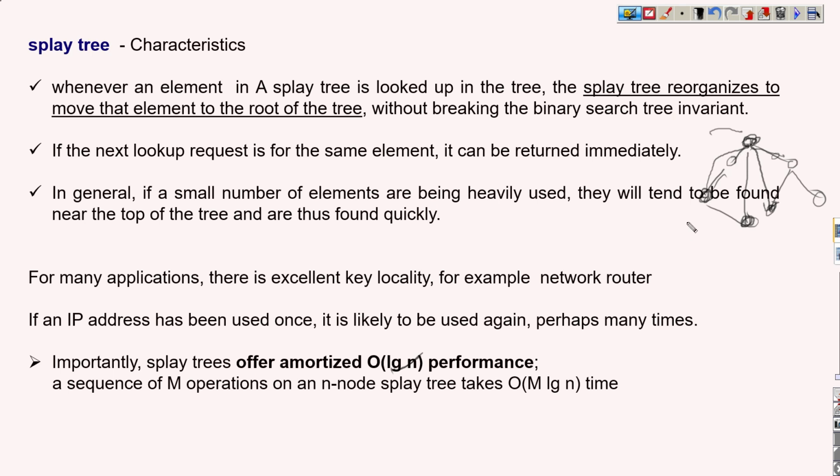If this is going to be 10, for example, and you make a tree which becomes like this, but when you do splaying, these elements move towards the root, and also when we are doing splaying, the tree tends to become balanced, and when the tree tends to become balanced, the cost of operation is going to become log n.